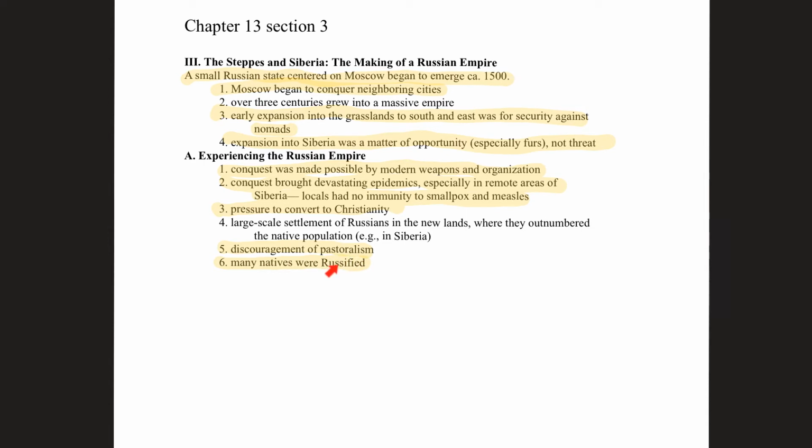And I want to define this for you. So you want to draw a line under Russified and then put an arrow over to the side.